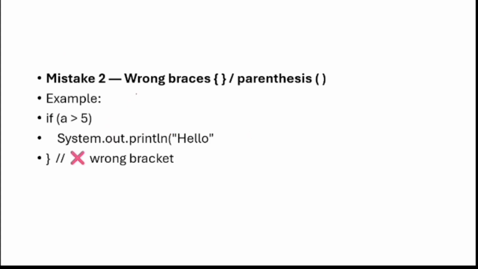Next mistake they can commit is if they miss the parenthesis or braces. If they have not correctly mentioned them, then also you will get the syntax error. Here, if you check, you have given a condition, if a is greater than 5, then you are writing a print statement, but you have not closed the System.out.println method.